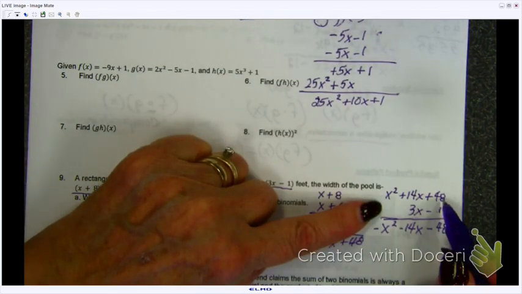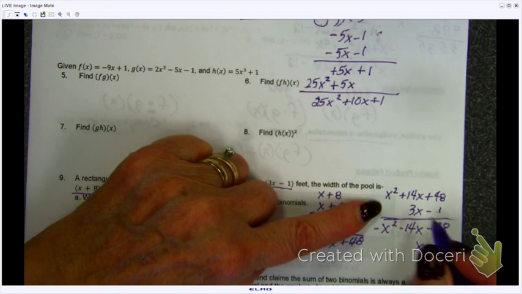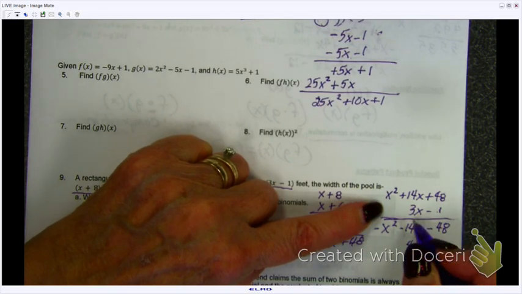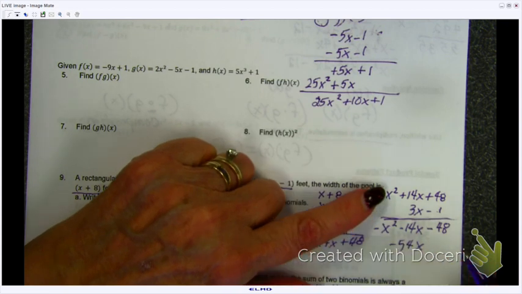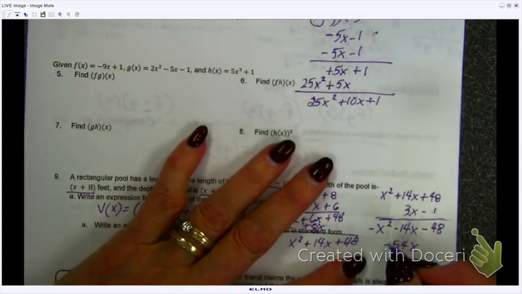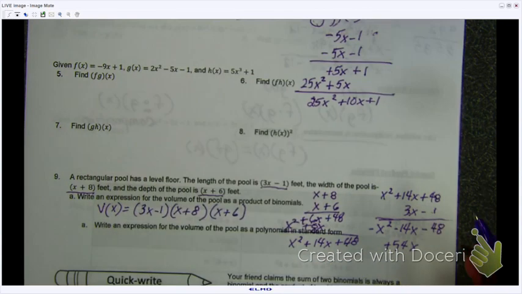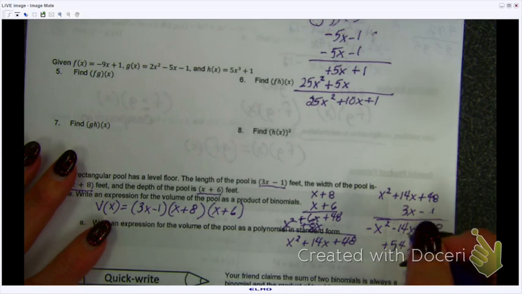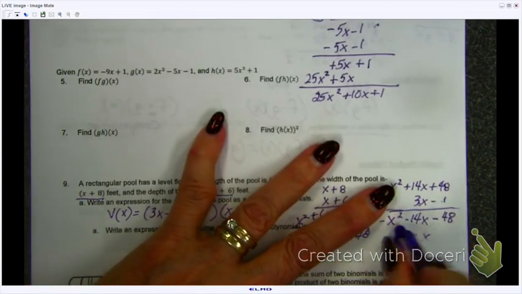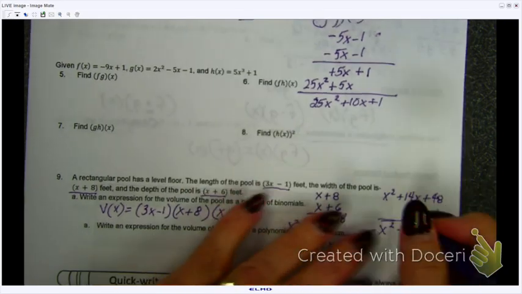Then 3x times 48. 3 times 8 is 24. Carry the 2. 3 times 1 is 3. 54. Negative 54x. No, positive. Positive 3x times positive 48. That is not enough. Yeah, I multiplied the wrong two things.